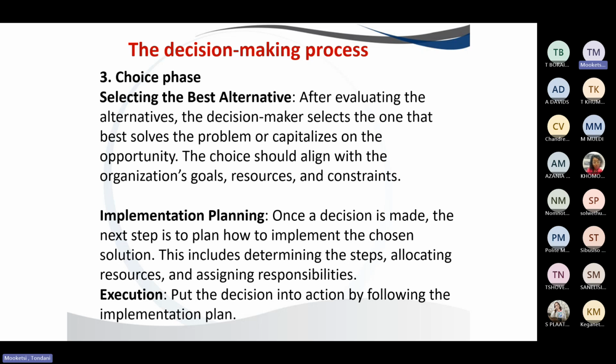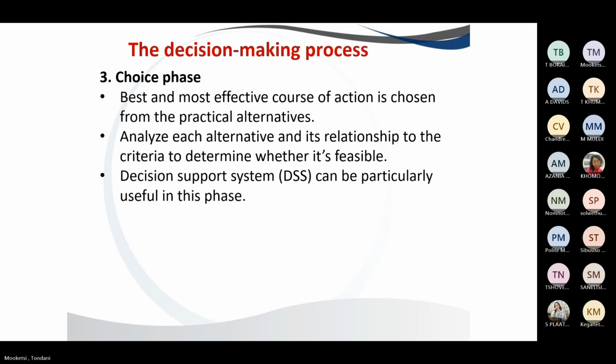Then we said there is also the fourth stage that we can add, which is the implementation phase, but still on the choice phase. So the most effective course of action is chosen from the practical alternatives.